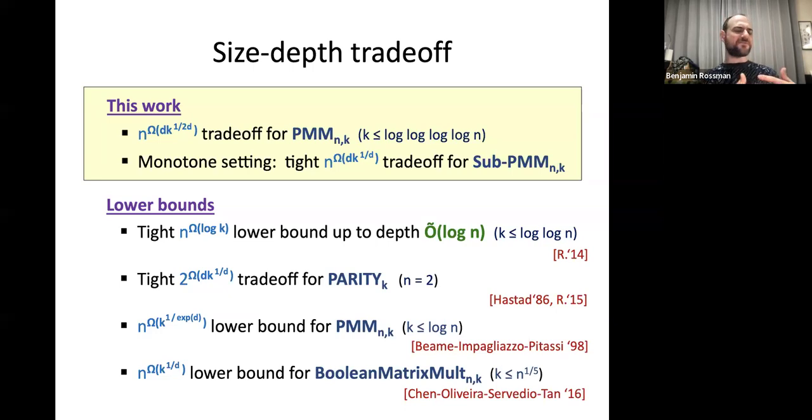The reason is that PMM_{n,k} is a slice function, for which it's known that monotone and non-monotone complexity coincide. So in order to say anything stronger in the monotone setting, we need to consider the monotone version of this problem.